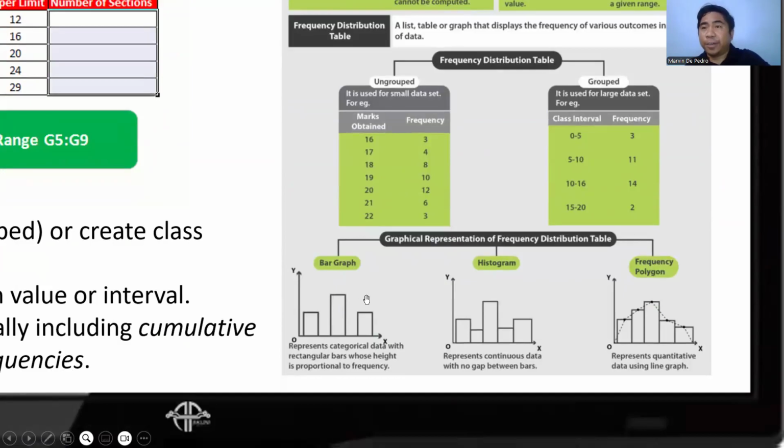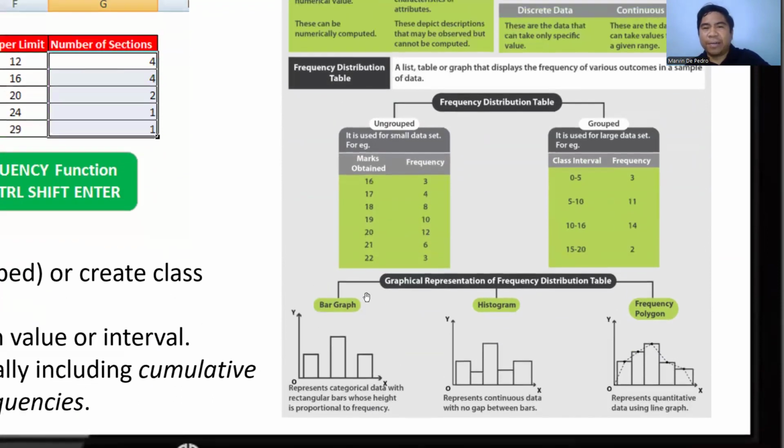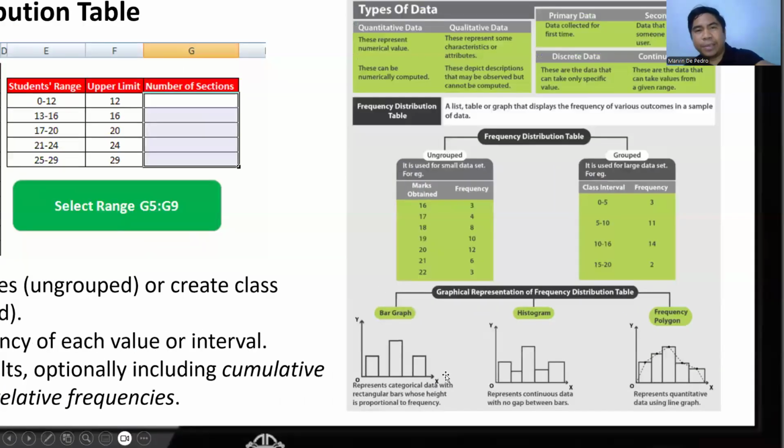So options for visualizing the graphical distribution of a frequency distribution table, we have the bar graph, or the column graph to be more exact, the histogram, and the frequency polygon. I guess the most common one is the histogram.